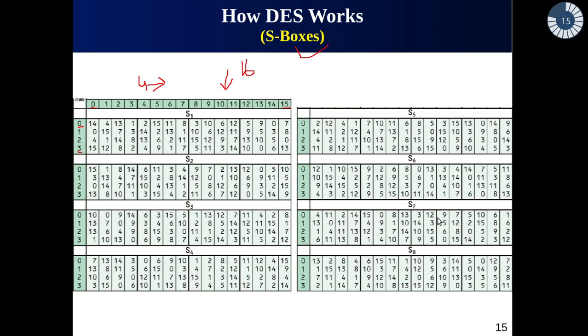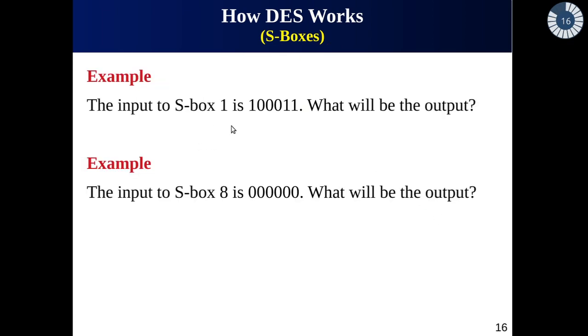How? We have a very simple example here. Suppose you have this input, as I just mentioned. What is going to be the output? We are going to consult S box 1. First, consider the least significant and most significant bits.